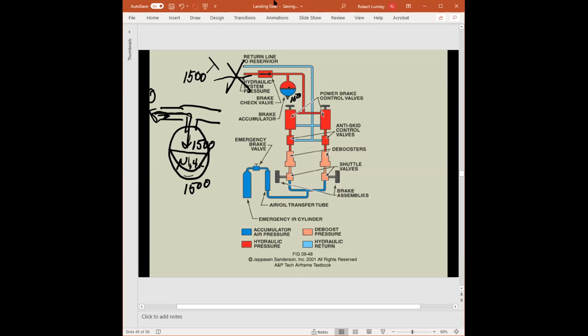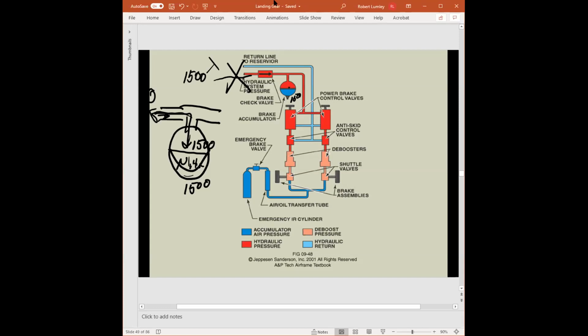Now, if the system's working, not a problem. We don't even notice it. But if the system fails, we still have enough to apply the brakes a few times. But every time we use it, some of the fluid flows down and is returned.